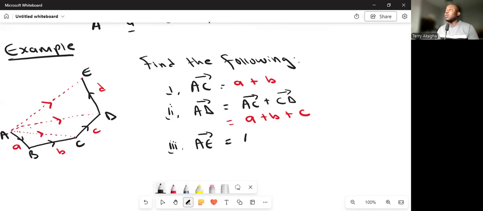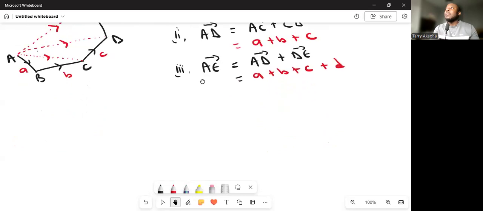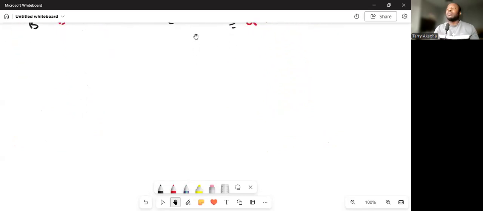So you can say it's AD plus DE. And we know AD already is what? A plus B plus C. And DE is what? D. And that will be the answer for that. So you can see it's exactly similar to what we've talked about, but it's just taking it a step further.